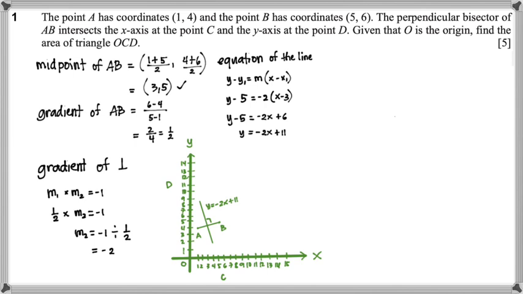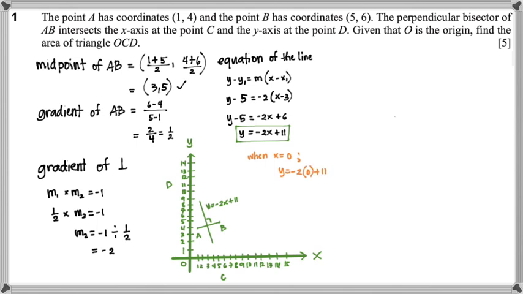So from this equation, when x is equal to 0, y is equal to negative 2 times 0 plus 11.